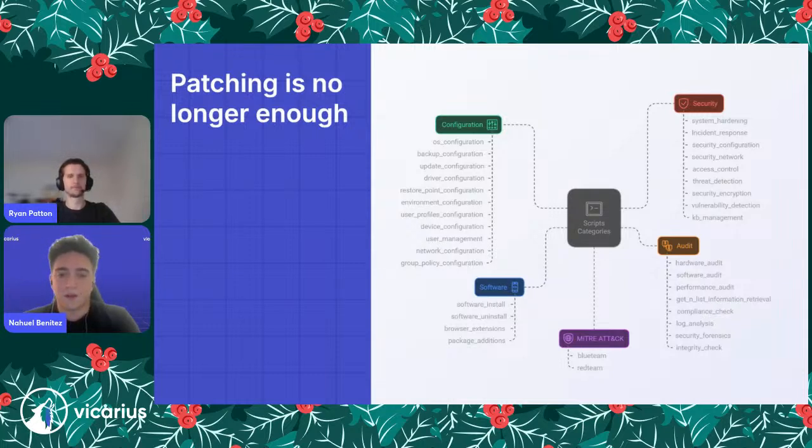So yeah, that's pretty much it. We have categories and subcategories, and this is what is going to allow us to organize and perform a better search on our more than 400 scripts.